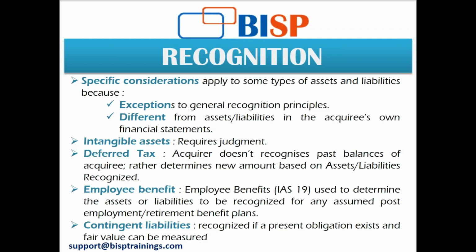The second factor is that these items often differ from the assets and liabilities that are recognized in the acquiree's own financial statements. As I told you, it may happen that my acquiree is following a local standard, any GAAP standard that they are following. Now, if I am having a business combination, it is going to take effect as per IFRS 3.